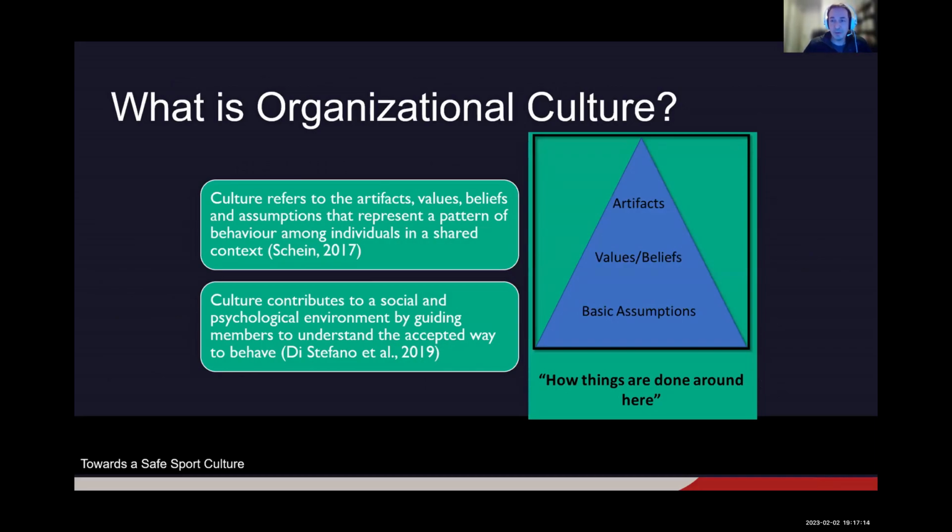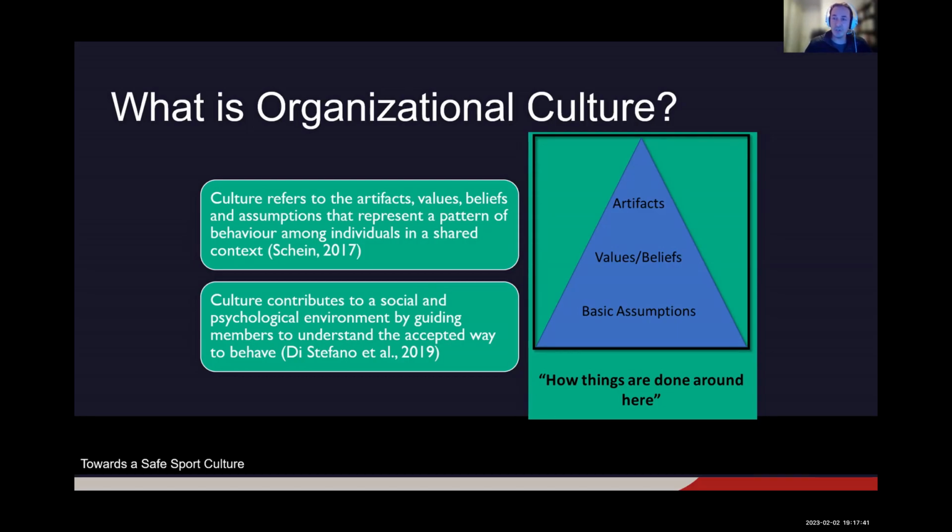From a theoretical perspective, it runs deeper than that. But on a more simple level, it's really how things are done around here. And you can think about the culture of, let's say, the School of Human Kinetics, how things are done around here. And you can think about all the different actors, the professors, the administrative staff, other students, etc., that generate these feelings of welcomeness, or the opposite of that, or ones that cause harm.